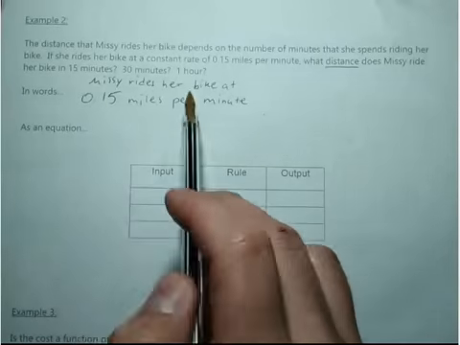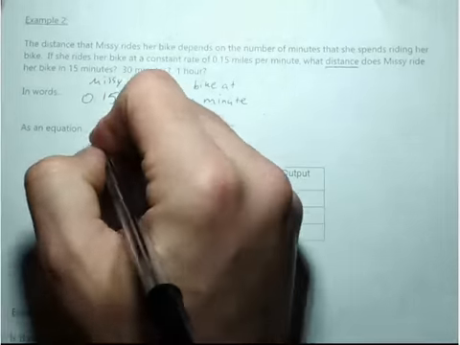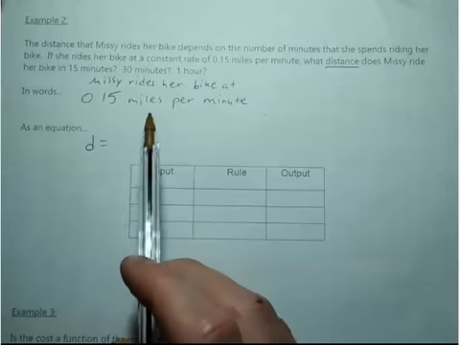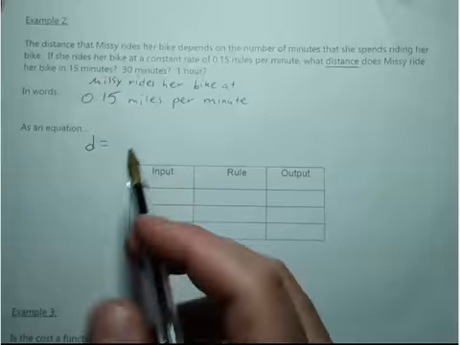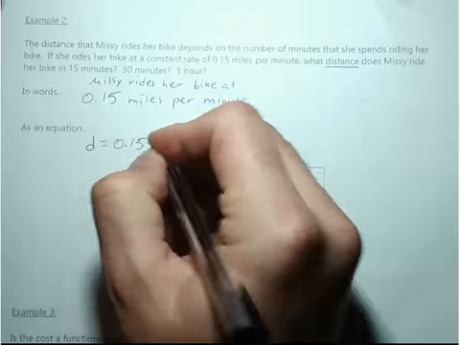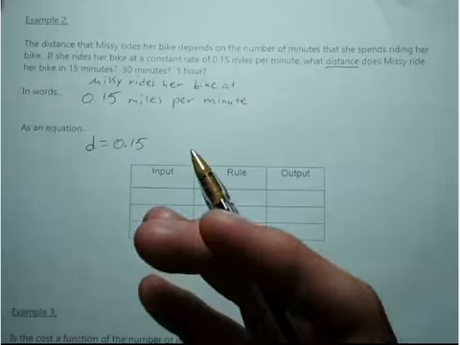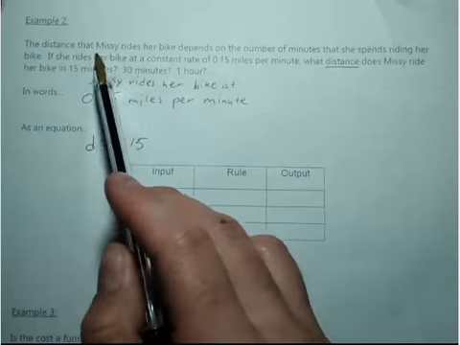So if we convert this to an equation, what we're looking for is the distance. We'll call distance d, using the variable d. If she rides at a constant rate of 0.15 miles per minute, we know we're going to have our 0.15 in there, and what we're going to plug in are our minutes.